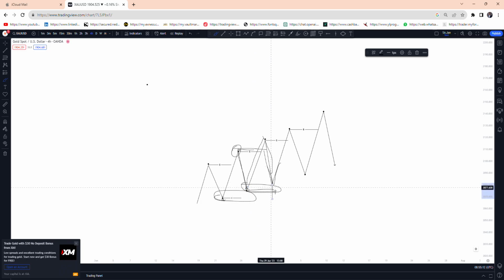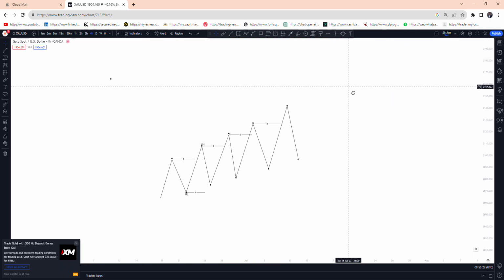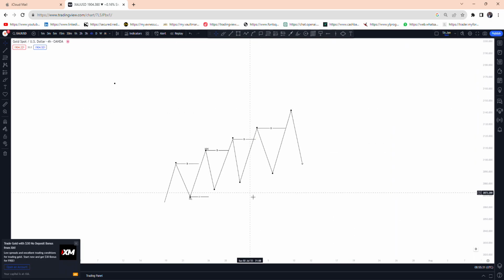It remained here and it went to the upside and broke this high. Up until then, it will remain our strong low, up until it does its job, which is to break the low.